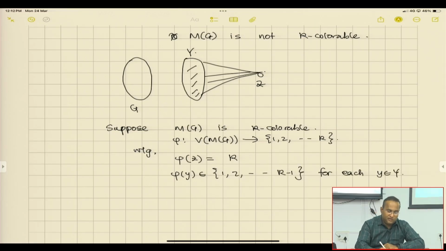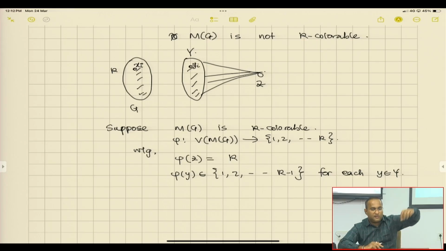So what about this graph G? This graph G suppose uses color k. Suppose this vertex xi is having color k. So definitely this is the yi.